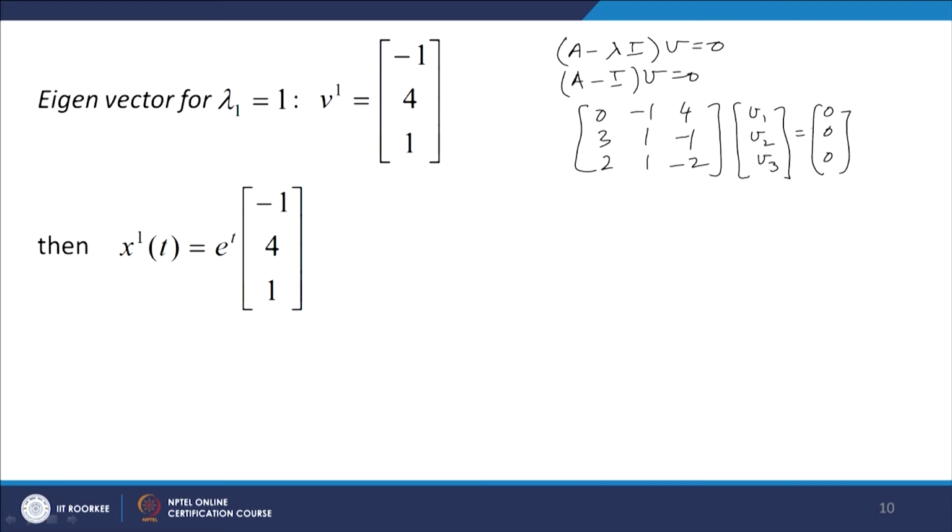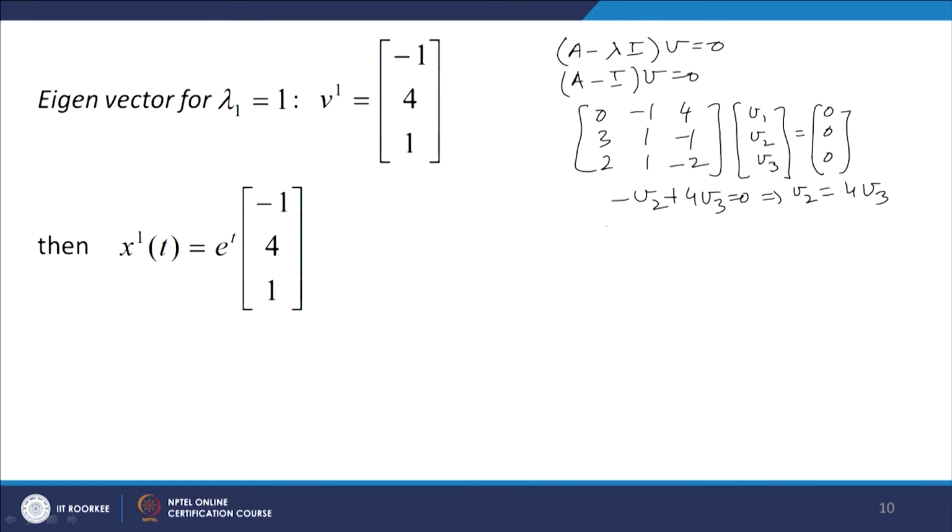We have a system of 3 equations here, a homogeneous system. So, the first equation gives you b1 into 0 minus b2 plus 4 b3 equal to 0, that is to say b2 equal to 4 b3.